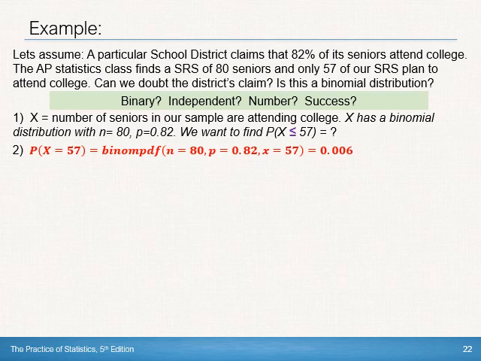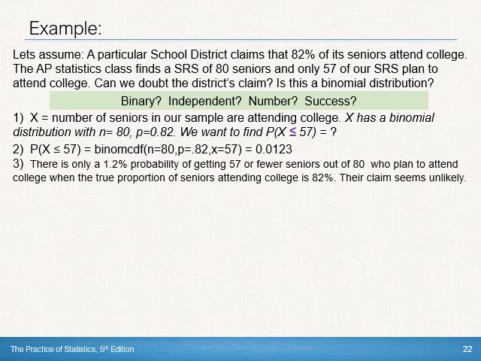We want to say, what's the probability that we would get our result, or one more extreme, further down into the tail, depending on what side of the mean we're on. 57 out of 80 is on the low end of 82. So we want to say not what's the probability that x is 57, but instead what's the probability that x is less than or equal to 57. That means we're doing a binomial CDF with 57 as our x. And that is about a 1% chance.